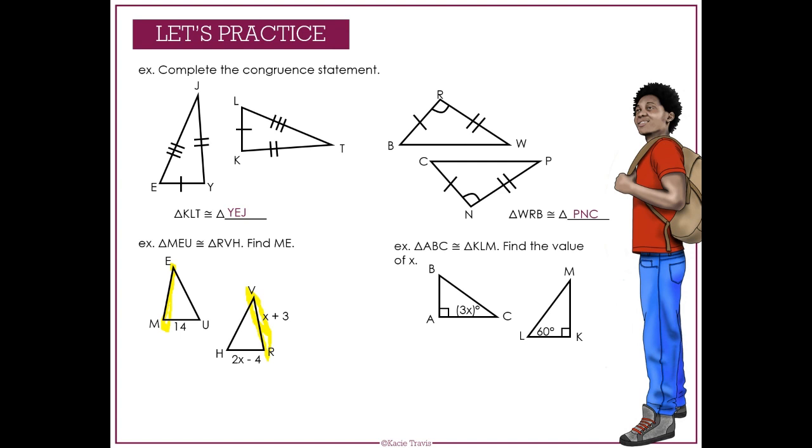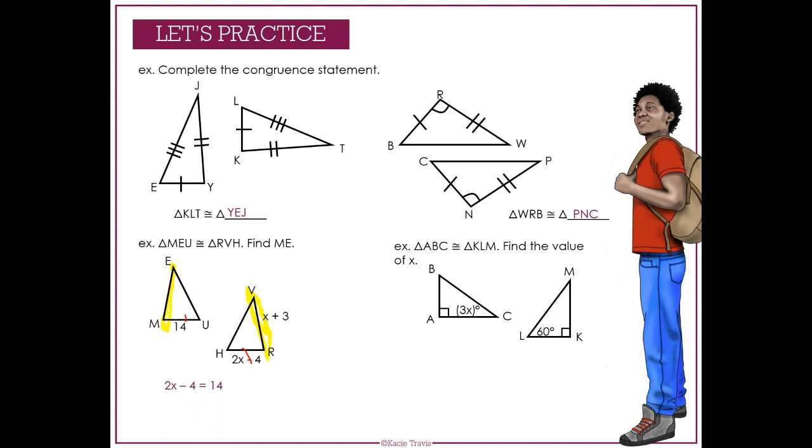And I also know that because these 2 are congruent, I can use the fact that the side from M to U, which is the only thing that we have marked over here, 14, MU would correspond with the side from R to H. So, if that's the case, I know that this side here with 14 corresponds with this side here with 2x minus 4. All right, let's set up some math.